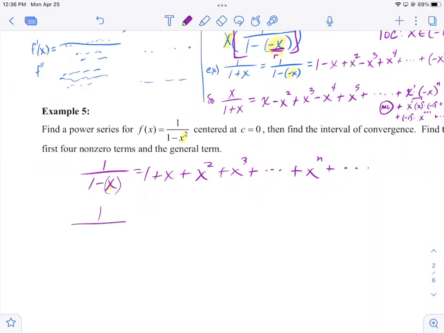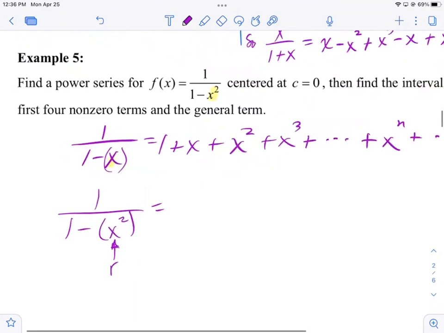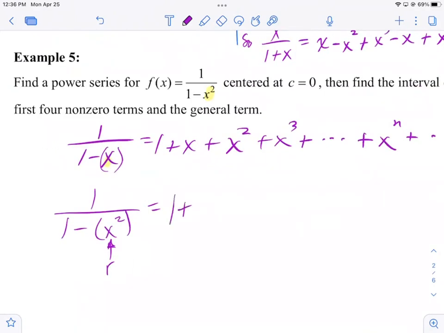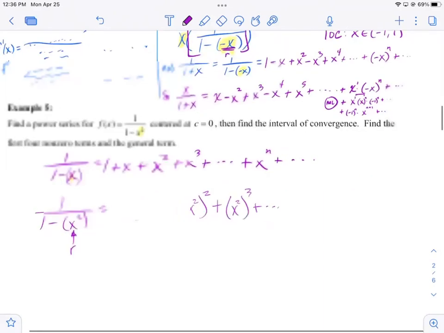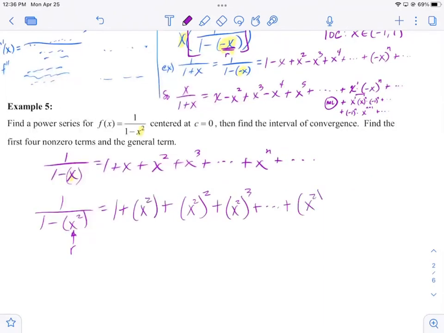I can say 1 over 1 minus x squared. This would essentially be my R, and I just substitute in, right? So it's going to be 1 plus x squared plus x squared squared plus x squared cubed plus dot, dot, dot, plus x squared to the n plus dot, dot, dot.